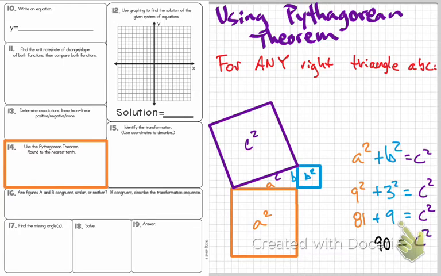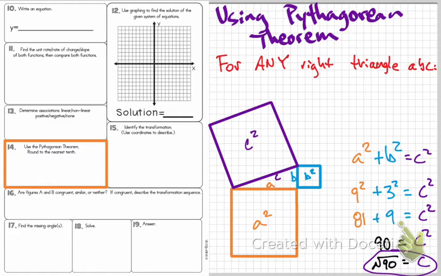Now, I have one last step that I can do here because I don't have the side length of my triangle yet. What I have is the area of the square that side length would make up. So in order to find that side length, I would need to find the square root of that. So in this case, I would say that the square root of 90 is equal to C.